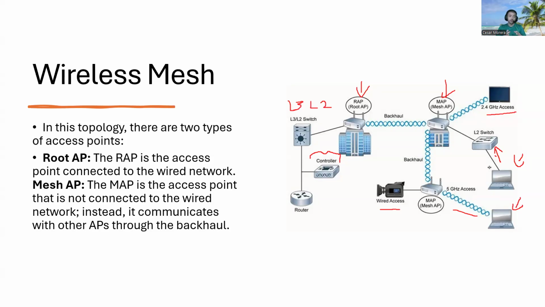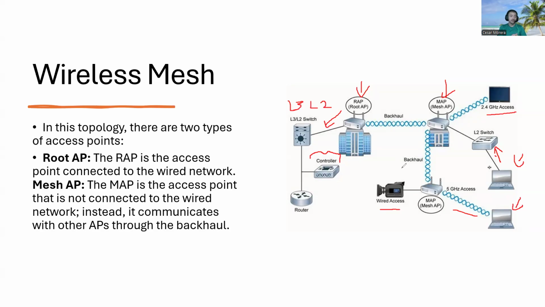In this topology, there are two types of access points, APs. Root AP. The RAP is the access point connected to the wired network, to the wire. So we have this one connected to the wired network that is called the RAP. Also, the definition of root AP, root access point. Then we have the mesh AP. The MAP is the access point that is not connected to a wired network.